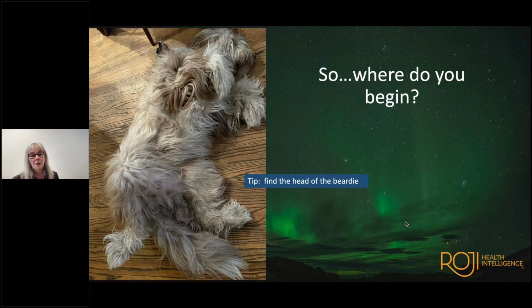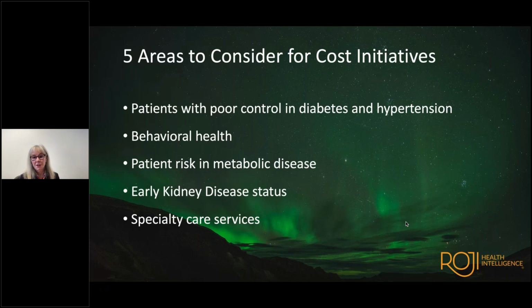So here are 5 areas that I think are worth considering for cost initiatives with APP. One is patients with poor control and diabetes and hypertension. If you're using only claims data, this will be the first data you may see with the actual clinical values that can help you see those patients over time.